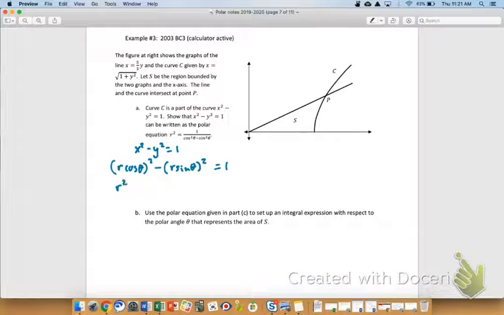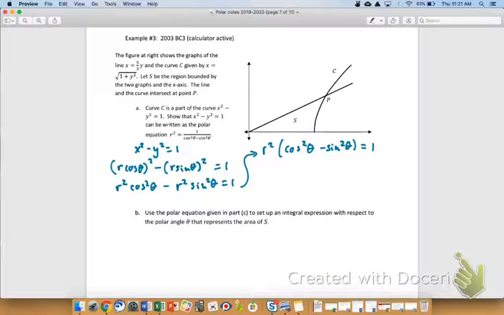This gets me to r squared cosine squared theta minus r squared sine squared theta equals 1. Then it's a factoring out of the common factor. Once you factored out the common factor, it becomes fairly obvious that just a division on both sides will get you to where you want to go.